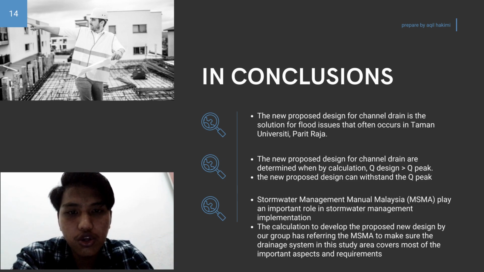Next, the Stormwater Management Manual for Malaysia, MSMA, plays an important role in stormwater management implementation. The calculation to develop the new proposed design by our group refers to the MSMA to make sure the drainage system in the study area covers most of the important aspects and requirements.